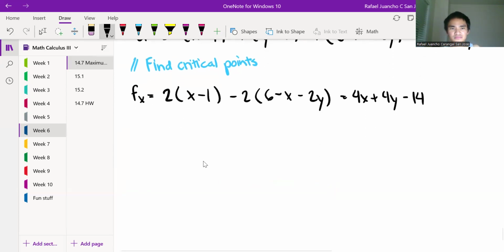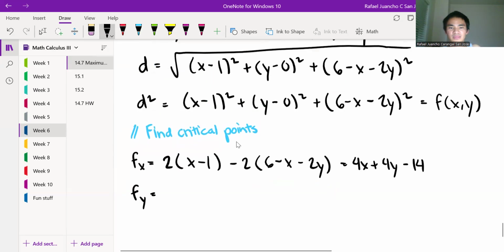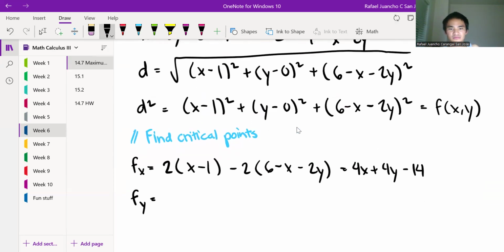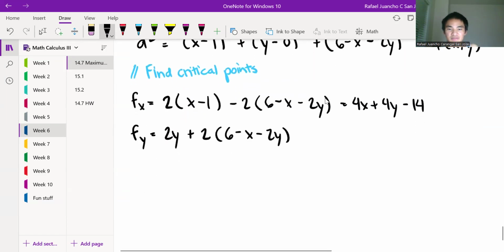I'm also going to do my f sub y. And so that's going to be 0 y squared, that's 2y. 6 minus x. So again, we take that derivative plus 2 of whatever's inside. Do a chain rule. This is 0, 0, minus 2. And so we get minus 4 here. Right?